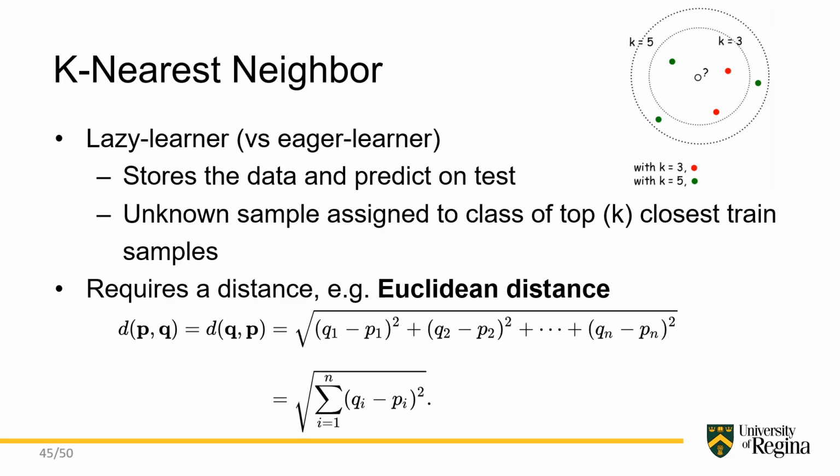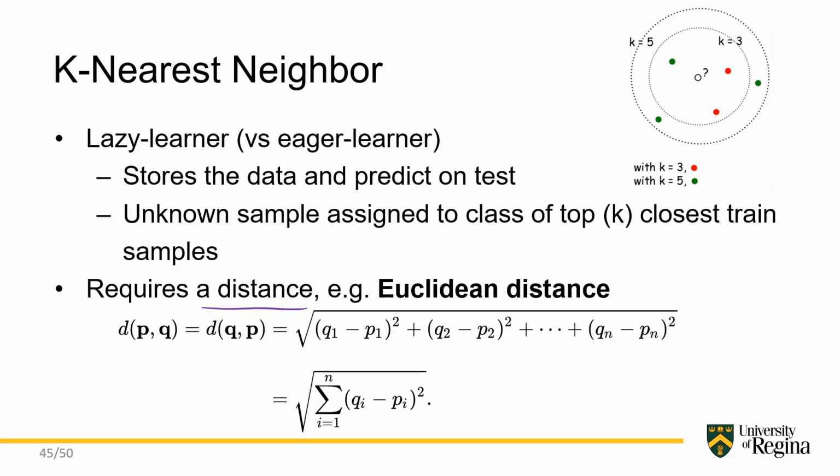So how does it compare? How do I get the distance between my new example and the previously available examples? That is what we call a distance metric or distance measure. Usually one default distance is Euclidean distance.